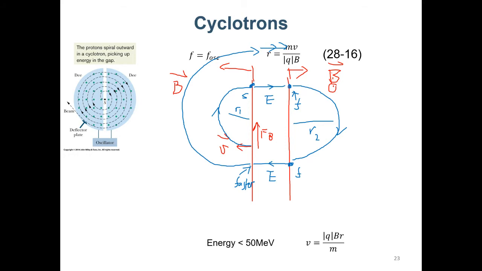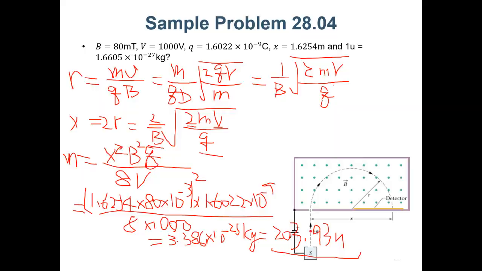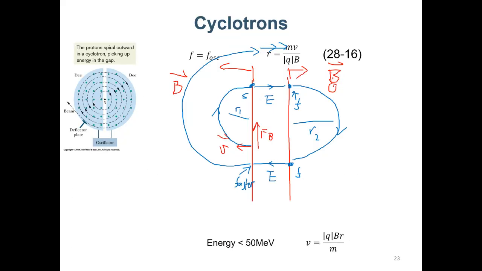So as long as we manipulate the frequency of changing the direction of the E field, we could make the particle become faster and faster. If we randomly pick a frequency of changing the E field, maybe it's not good enough, because maybe it moves here, and then the E field points to this side, or part of it points to the left side, then it will decelerate rather than accelerate.